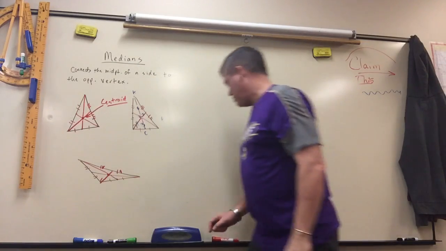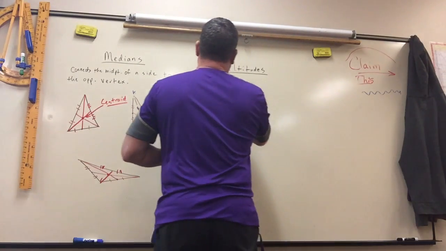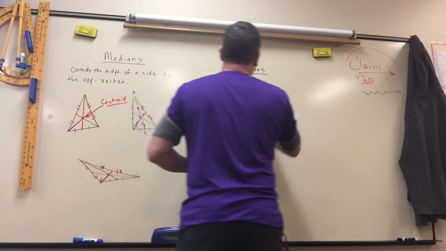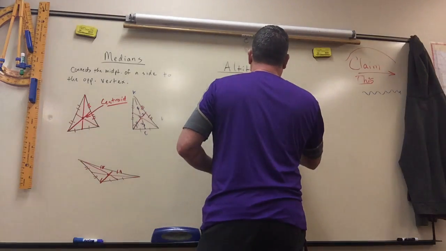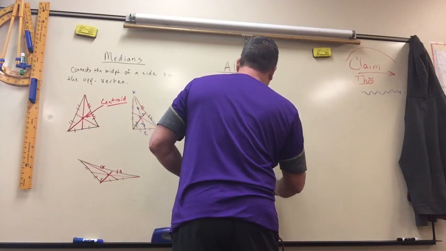Then we've got the altitudes. And once again, you can either have an acute, a right, or an obtuse.